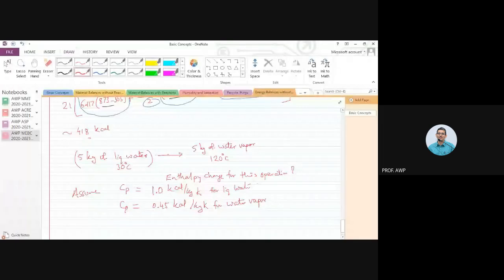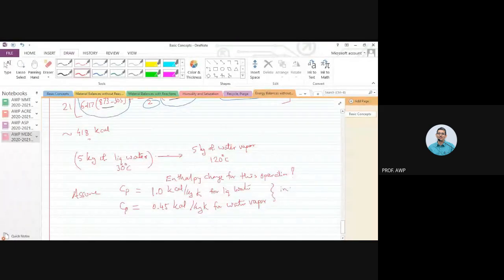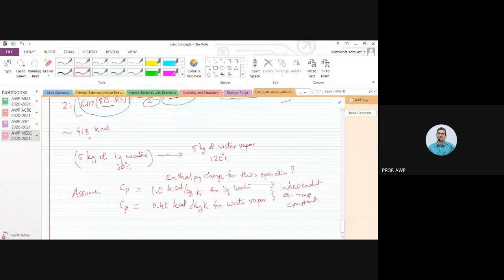And you can assume that these are independent of temperature. Assume they are constants. They don't change with temperature, whether it is 30 degrees centigrade or 31 or 45 or 68 degrees centigrade. Cp remains 1 for liquid water.